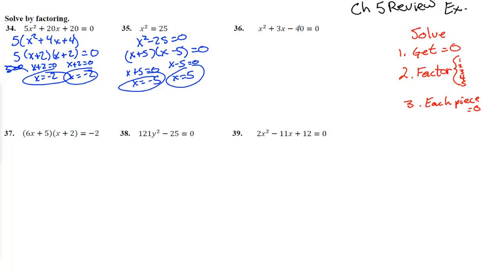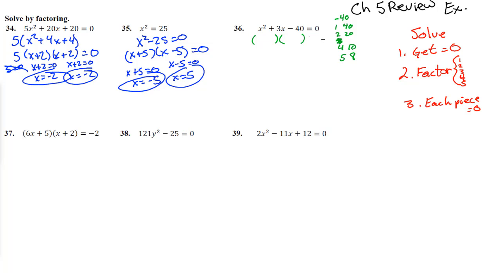All right, 36. Step number 1, get it equal to 0. Check. It is equal to 0. Now we're going to factor. It is a trinomial with a leading coefficient 1, so this can happen in one step. Let's see, negative 40. What can times up to negative 40? 1 and 40, 2 and 20, 3, nope, not 3, 4 and 10, 5 and 8, 6, 7, nope.